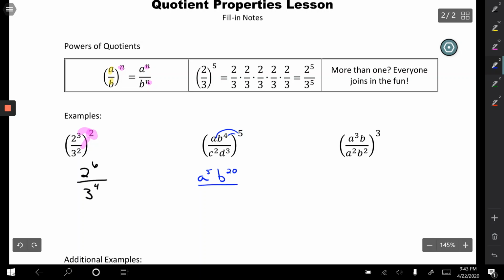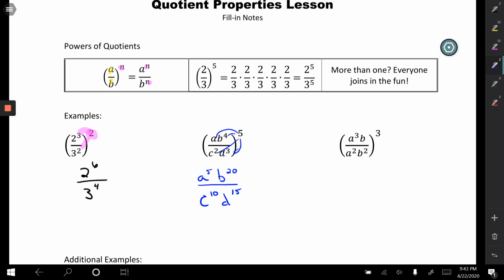And it will also multiply to the bottom. So 2 times 5 gives me 10. And then our base of D already has an exponent of 3. 3 times 5 gives me 15. So everybody gets a piece of that exponent on the outside. Everybody joins in the fun.